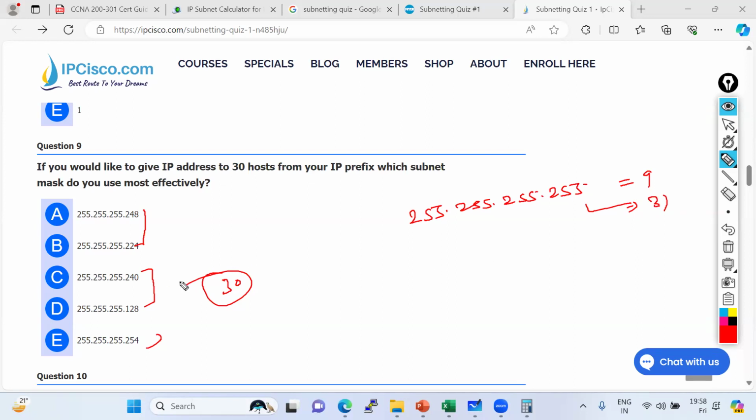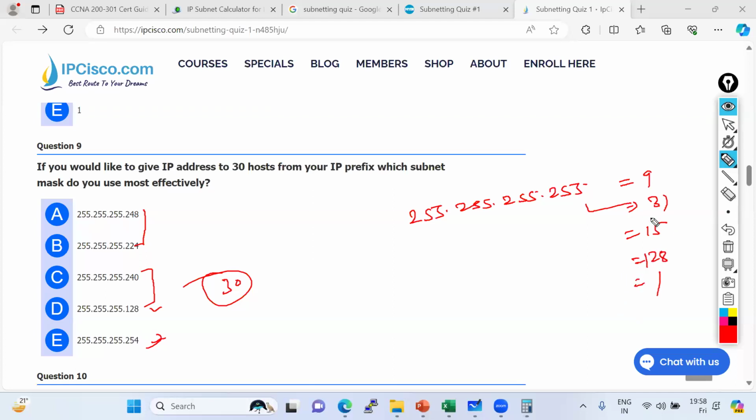Yes. And if you go minus 240, then how much? 15. Right? Then 128 would be 128.